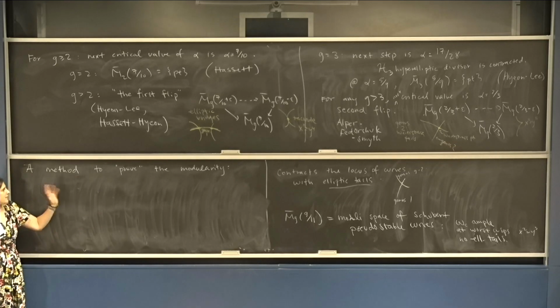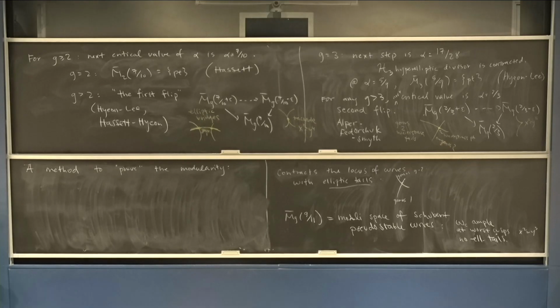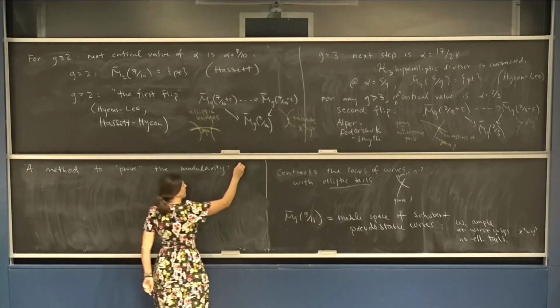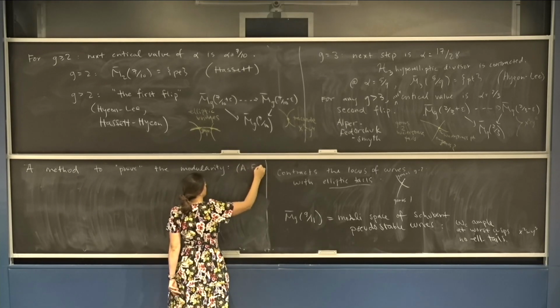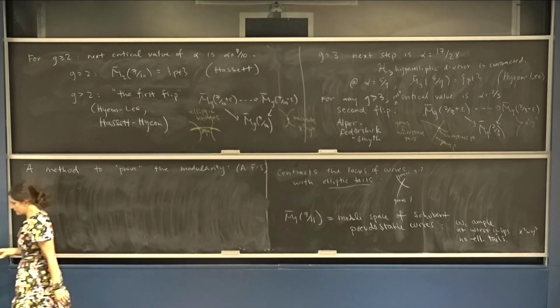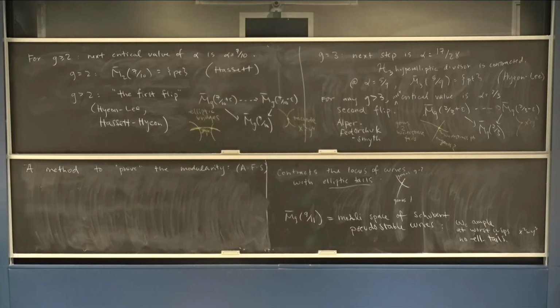In this, I just want to say a method to prove, if you identify a birational contraction, how can you identify these things as a moduli space of curves? And this is, again, highly motivated by the work of Alper, Fedorchuk, and Smyth. And the idea is to use the theory of stacks and guess, as with many things in math, guess what you think the answer should be and then prove that that's the answer.